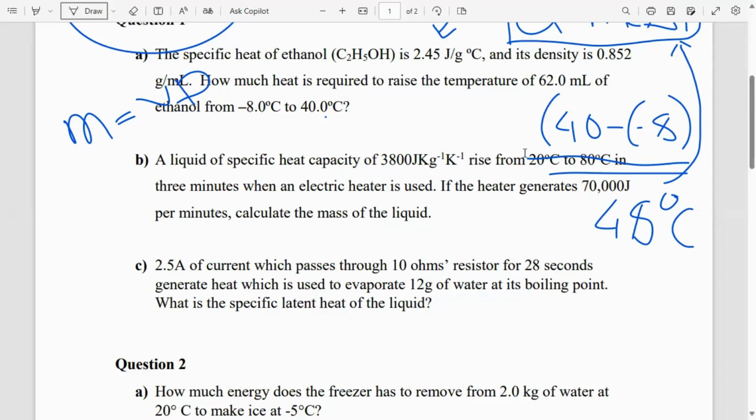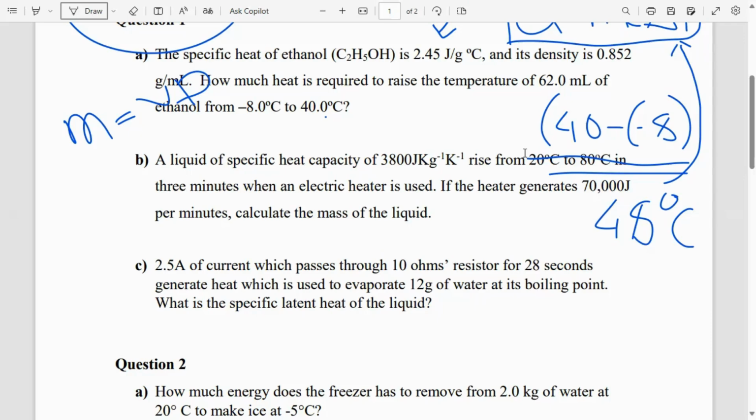So there's a contradiction in the units there. So I have to make sure we convert our value of temperature into Kelvin. So how are we going to do that? We are going to convert our 20 degrees Celsius into Kelvin and convert our 80 degrees Celsius again into Kelvin, so that we can find a common temperature, which I expect us to have almost the same thing. I think we're supposed to have the same 60.